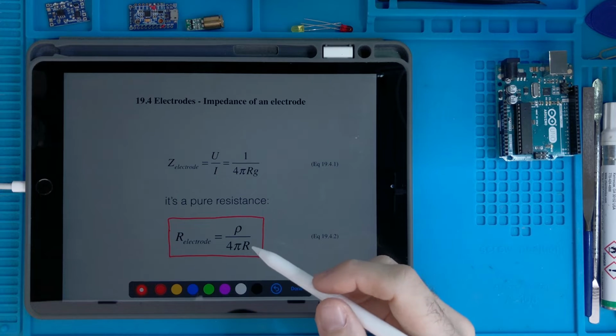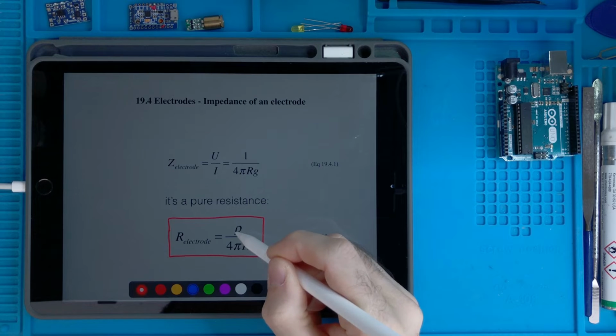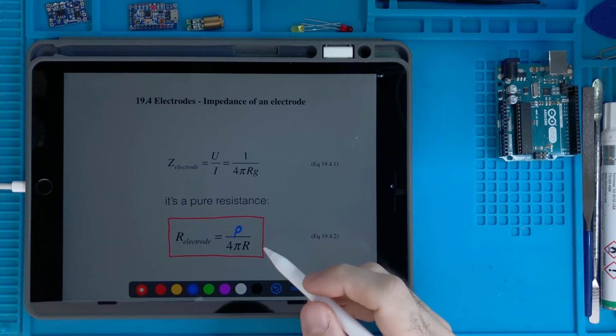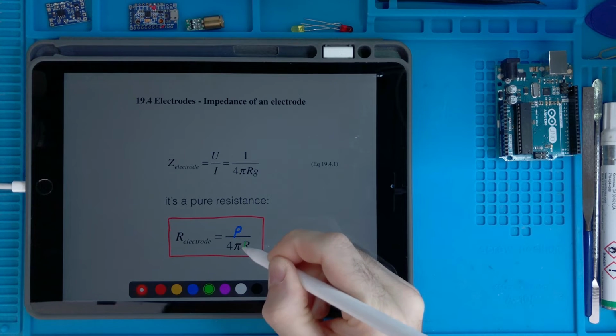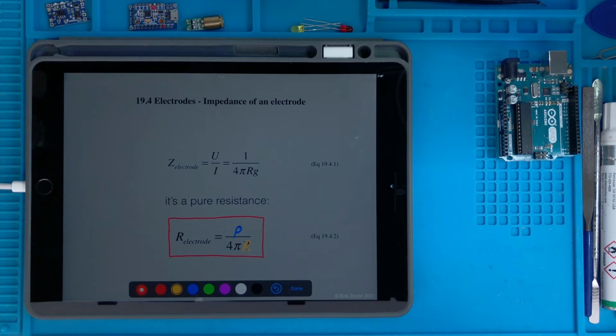And this resistance is proportional to two important things: the resistivity rho of the fluid, and the radius r of the electrode. So there is nothing about the resistivity of the metal of the sphere, nor the resistivity of the wires that connect the sphere to the battery.